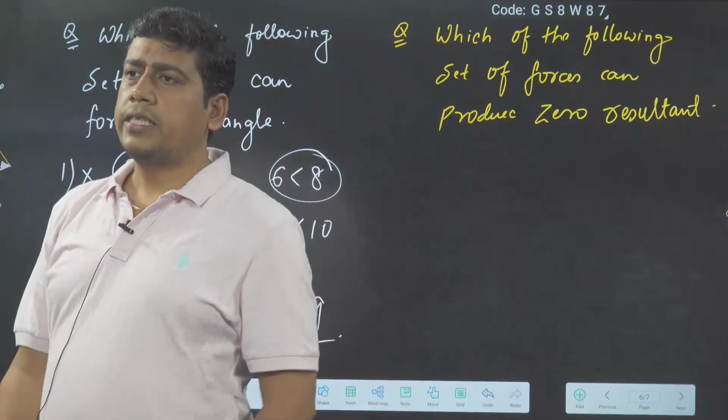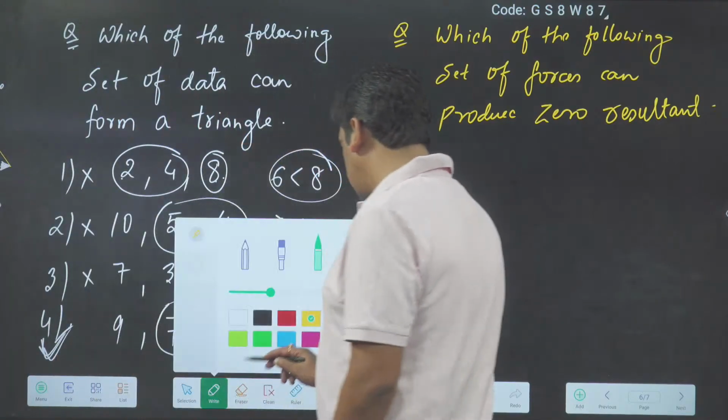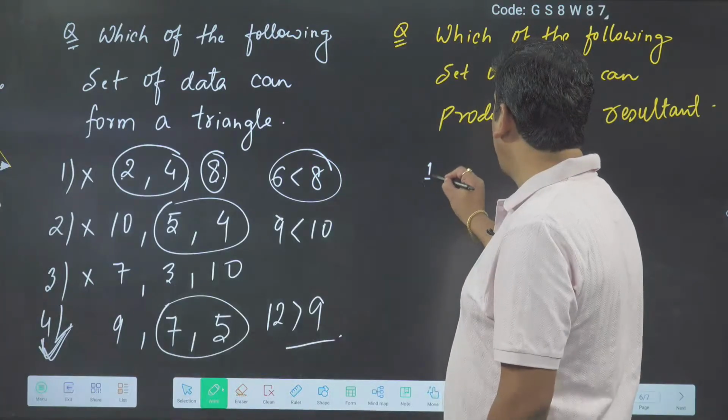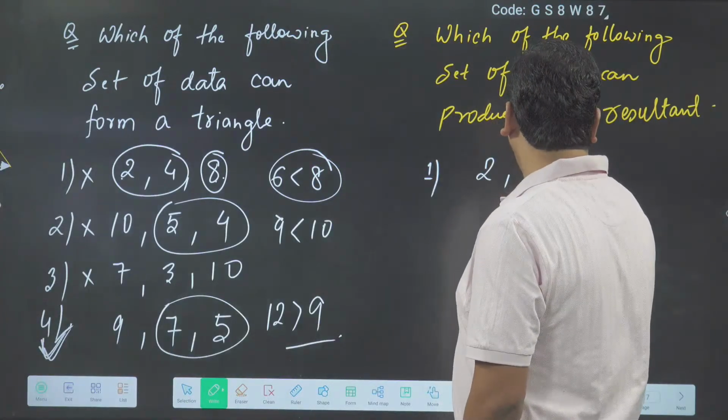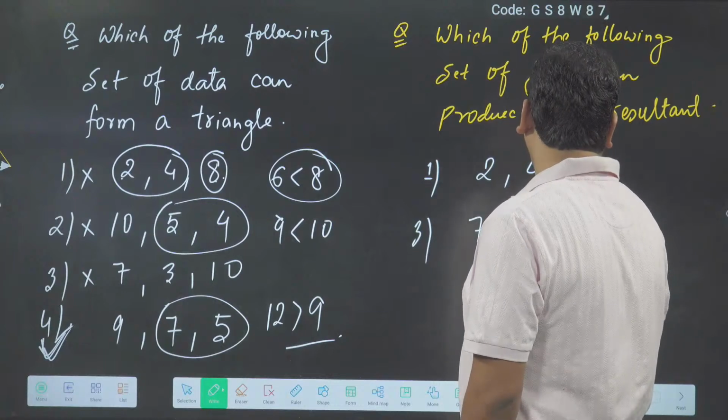Which of the following set of forces can produce zero resultant? And let's say, if you want for practice, I can give you more data, like 2, 4, 8, 7, 5, 2.